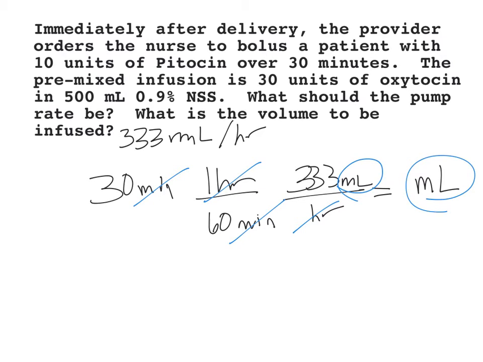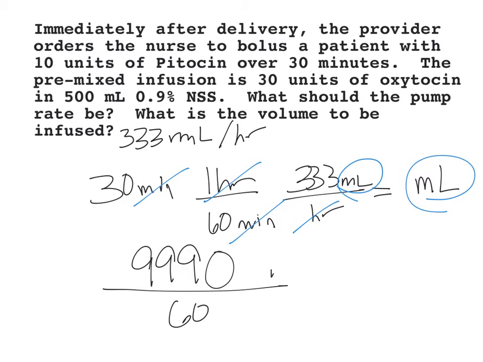At this point, you can either reduce your fraction, that 30 goes into 60 twice. You could make that a 1 and a 2. People who know how to reduce fractions, go ahead and do that. You'll get your answer faster. But if you don't like to do that, we'll just multiply straight across, because that's what people seem to want. So you end up with 9,990 over 60 mLs.